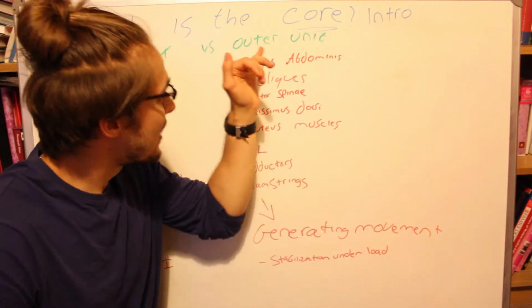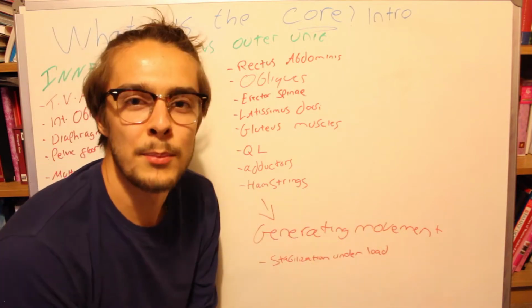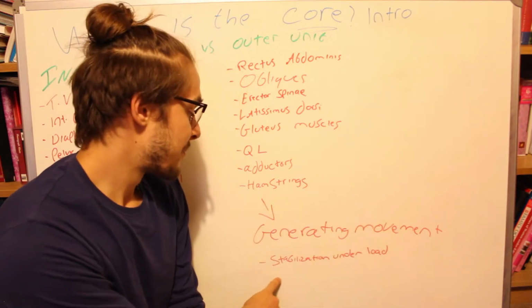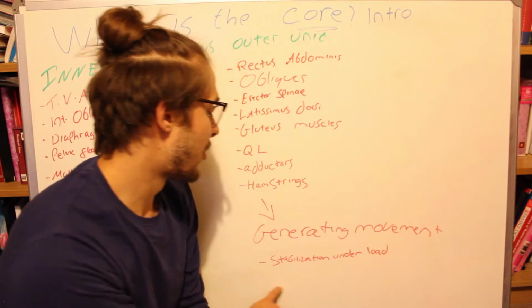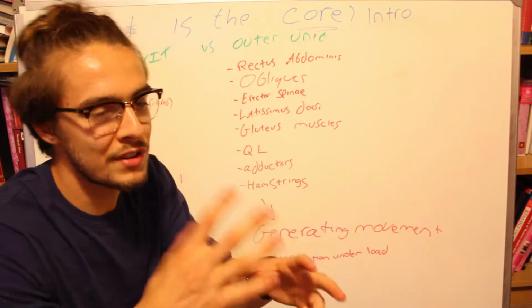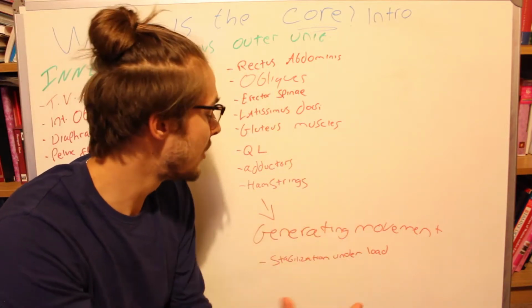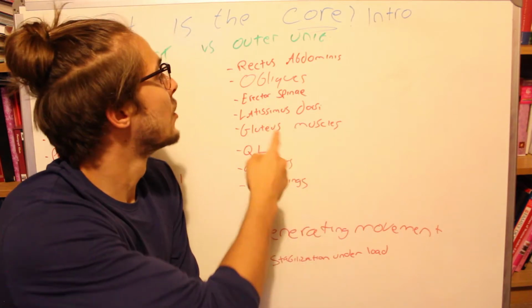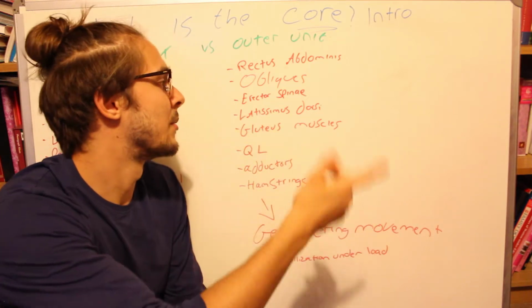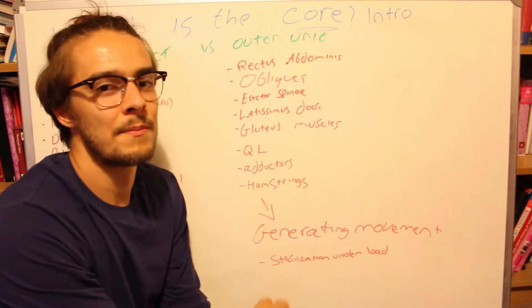Now you can think of the outer unit as being the main system for generating movement. It's also a very important stabilization mechanism when you're under load. There's a critical point where your inner unit is no longer able to handle the load. Then your rectus abdominis, your external and internal obliques and all the rest of the muscles act as stabilizers under load.